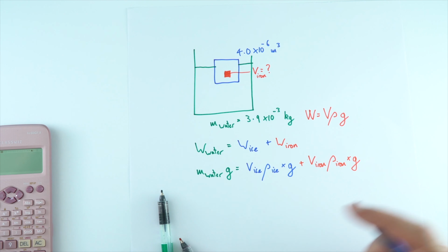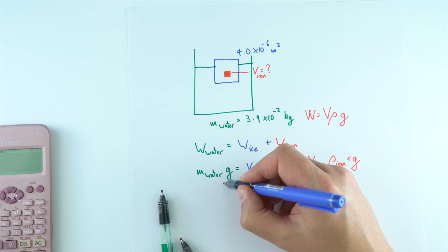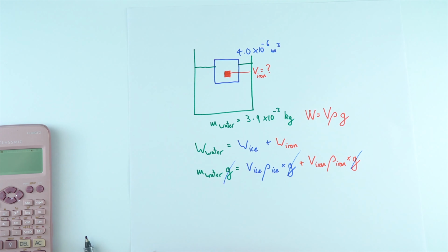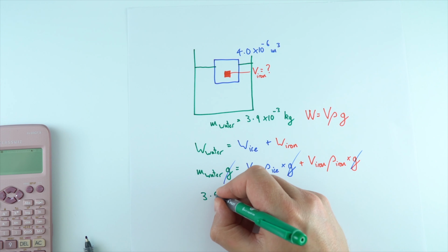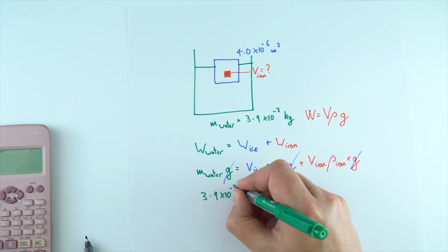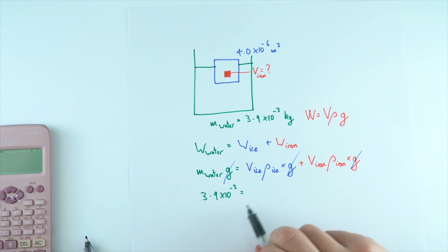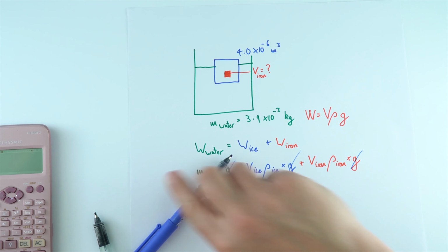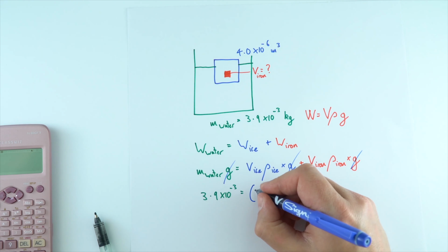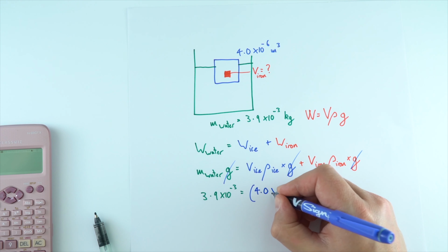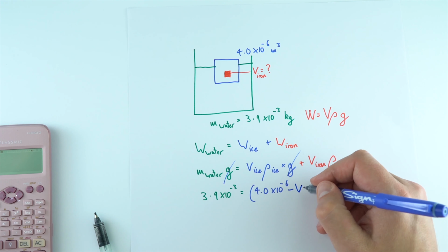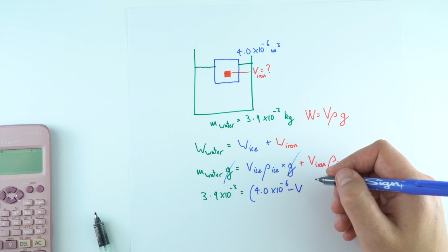Okay, now we can see first of all that all the g's cancel, so we're going to get rid of that, that and that. We're going to put in the mass of the water, which is 3.9 times 10 to the minus 3 kilograms. Now, what's the volume of the ice? Well, the volume of the ice is going to be equal to the total volume of the cube, which is 4.0 times 10 to the minus 6, take away the volume of the iron, which is inside that cube.